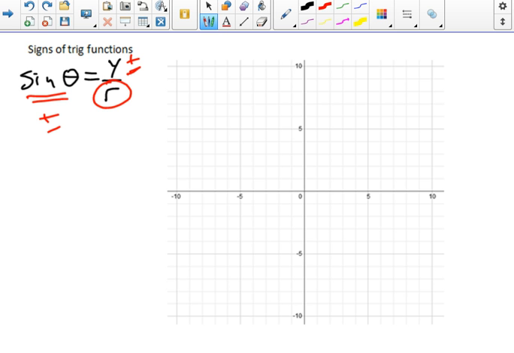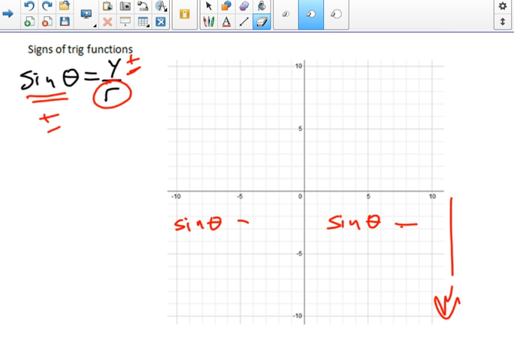So when I ask you where is the sine negative, you're really just asking yourself where is y negative. Well, the sine will be negative here in the third quadrant, and the sine will be negative there in the fourth quadrant, anywhere down here, right? Y is negative.